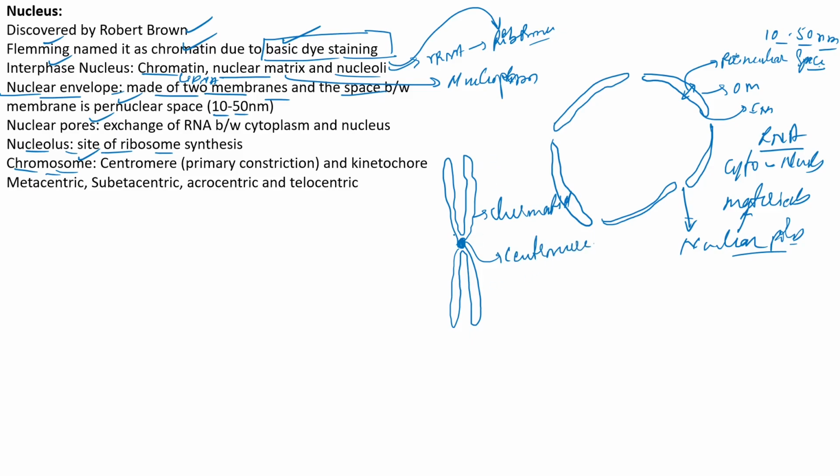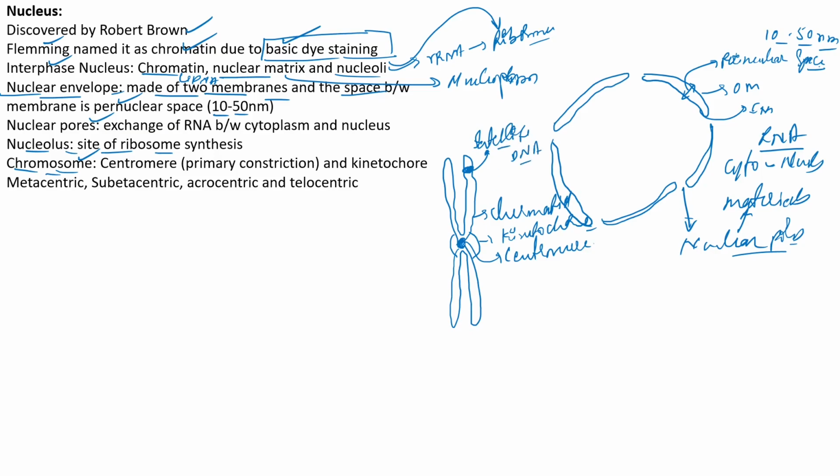And you also find one more structure present on this. It is called the kinetochore. So kinetochore is the structure where the spindle fibers attach, and that pulling effect of the spindle fibers will result in splitting of the chromatids, right? And you also find sometimes another kind of constriction here. It is called secondary constriction. And generally this constriction involves satellite DNA. It's also called satellite DNA or secondary constrictions.